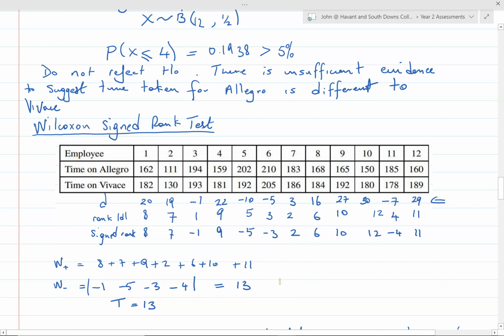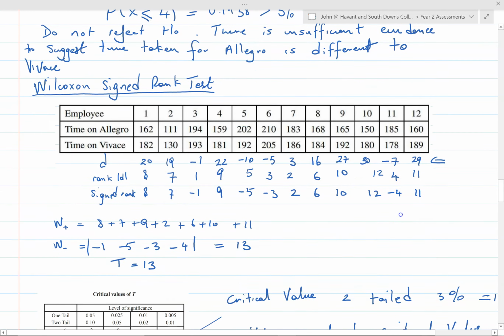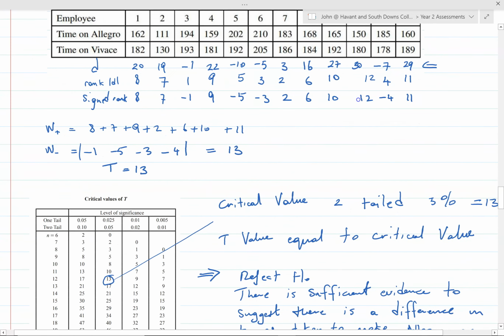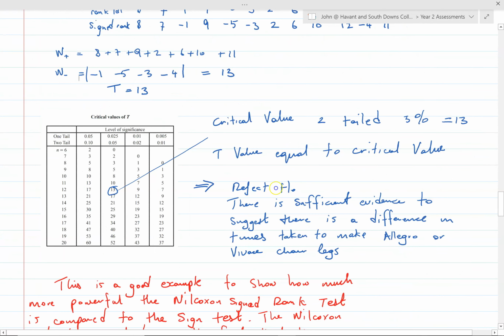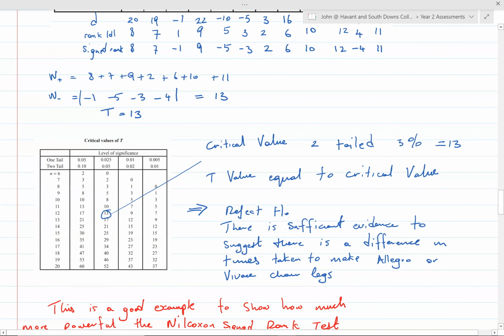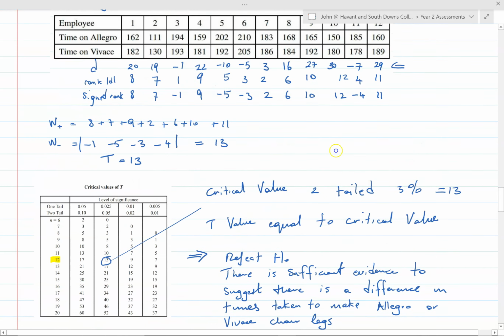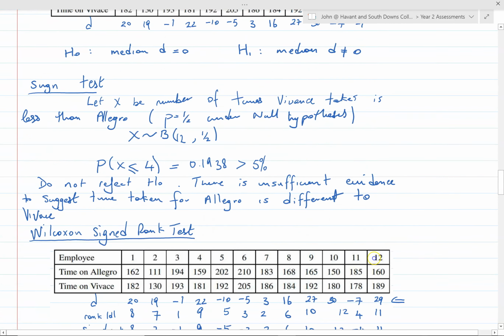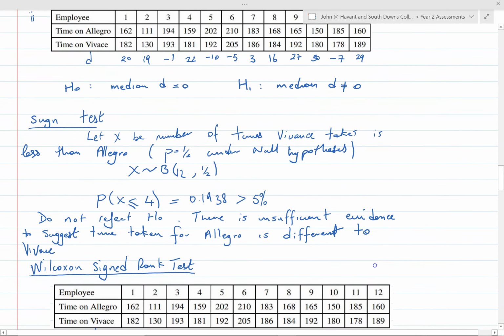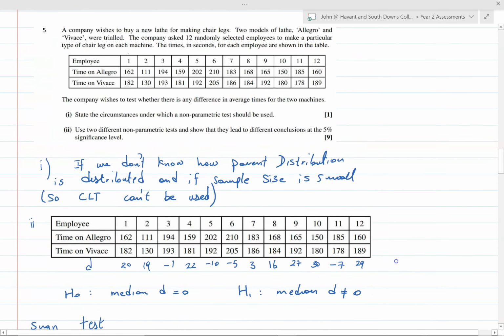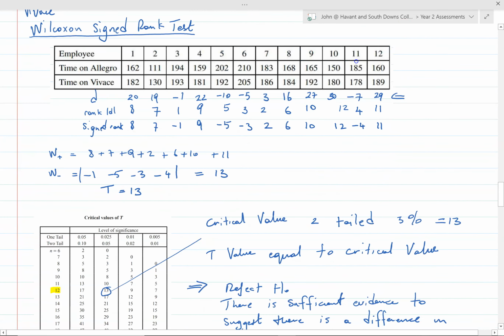Okay, and then what we do is we look for that number in our critical value tables, which we can see here. Sample size of 12. We go back to the actual test. It was two-tailed at 5%.